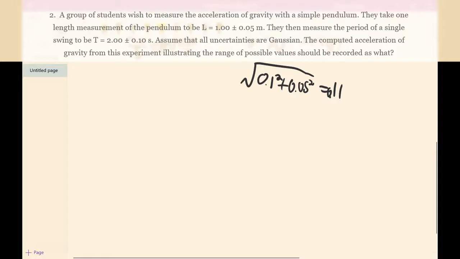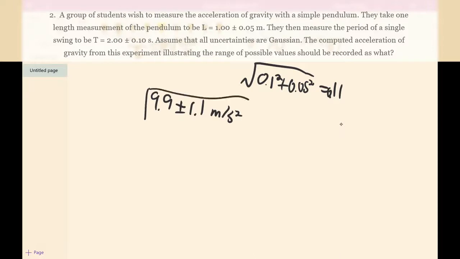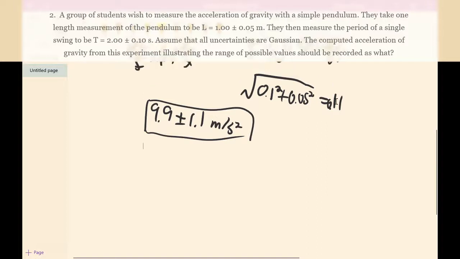The answer it gives is 9.9 plus or minus 1.1 meters per second squared. That is the answer, although you can get some different measurements too. But basically, we just calculated the relative uncertainty here, and since g isn't that hard to calculate, you can just figure it out.